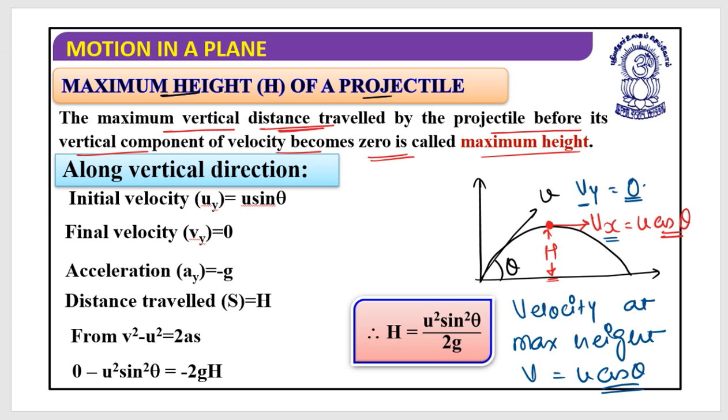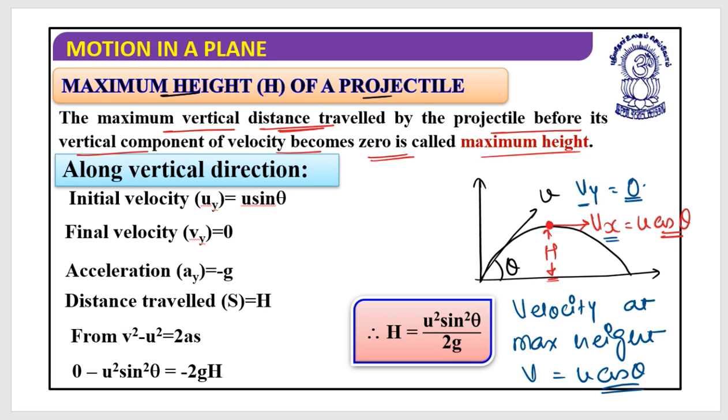So here velocity in y direction will for sure be 0, but velocity in x direction would be there, and that would be the total velocity at the maximum height. So Vx is equal to u cos theta, and Vy would be 0.